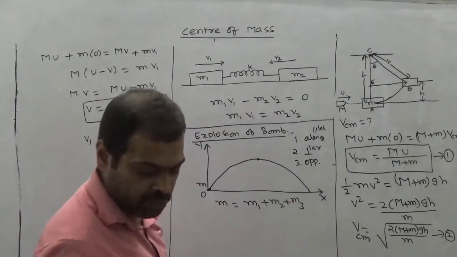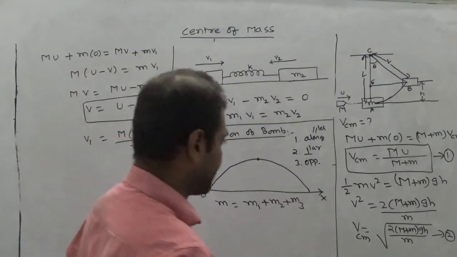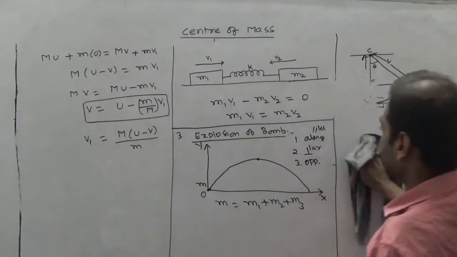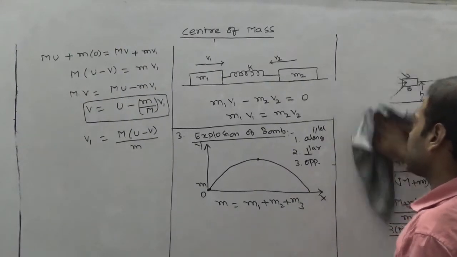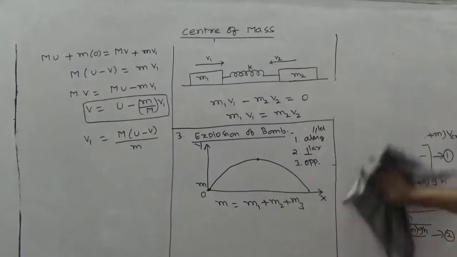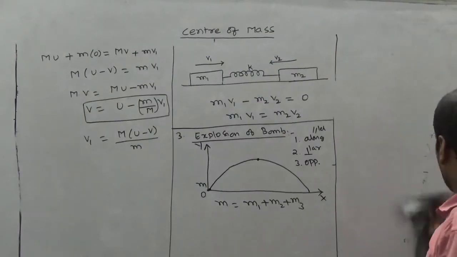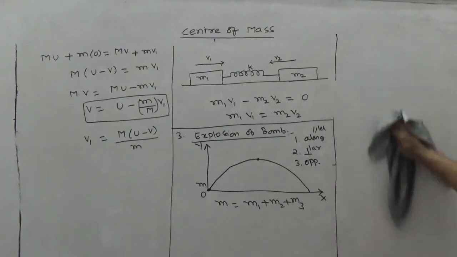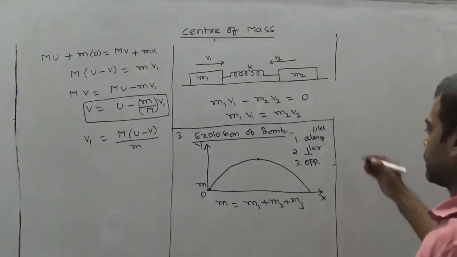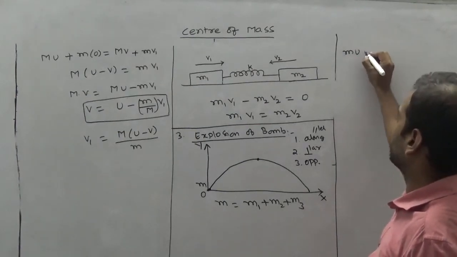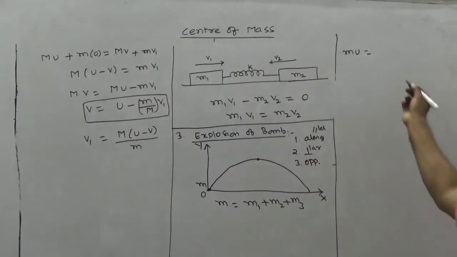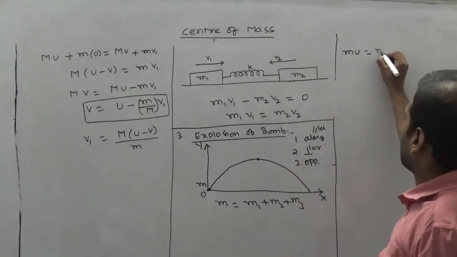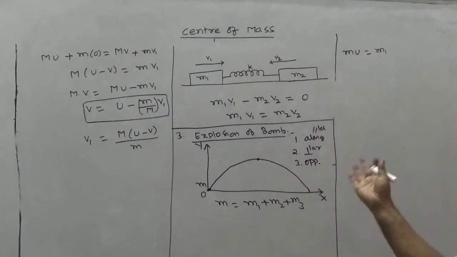Now, how can we solve this type of question? Whenever a bomb is exploded, the momentum of the bomb before explosion is equal to the momentum of the bomb after explosion. So I can write m into u is equal to the momentum of the bomb after explosion.